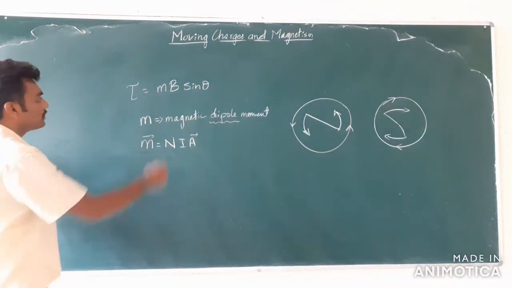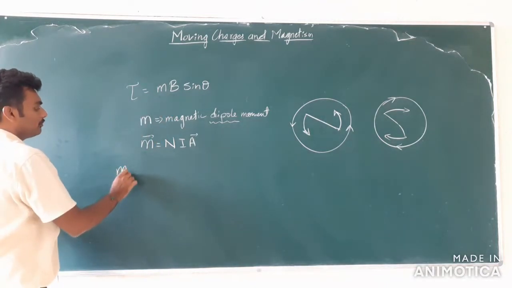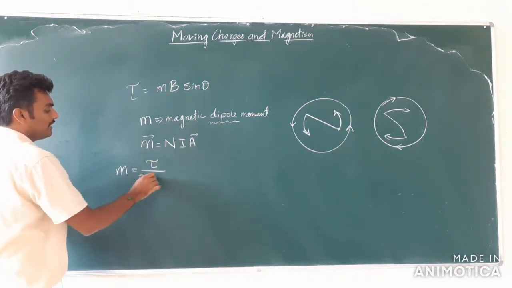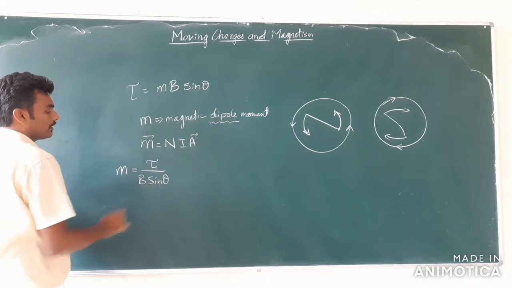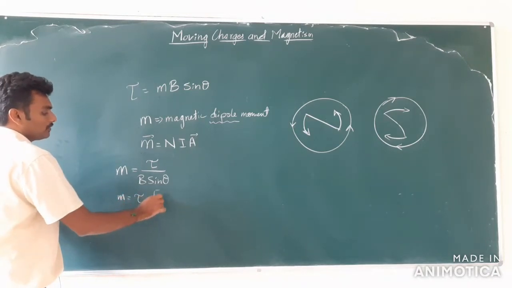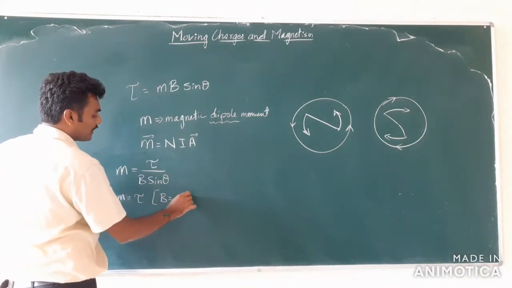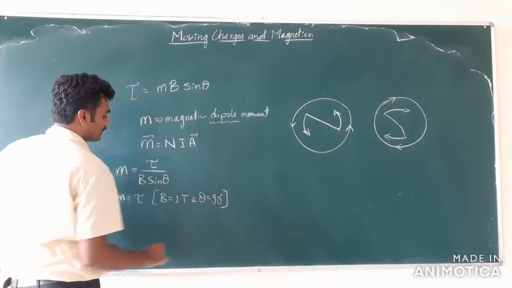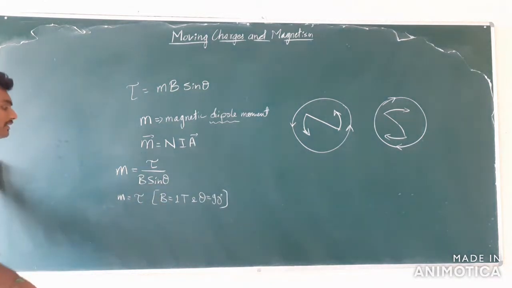According to this formula, m becomes equal to tau by B sine theta, right? Now, m becomes equal to tau when B is 1 Tesla and theta is 90 degrees. Sin 90 is 1, B is 1 Tesla, and hence m becomes equal to tau.